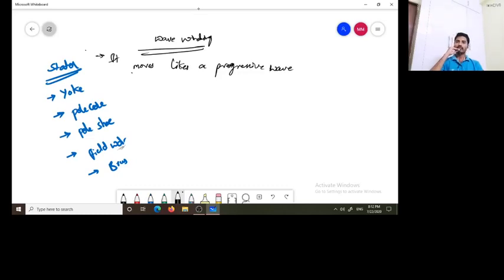That means there is no overlapping will occur. No overlap will occur. This winding moves ahead like a progressive wave.